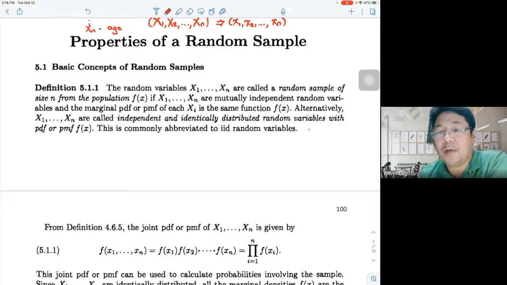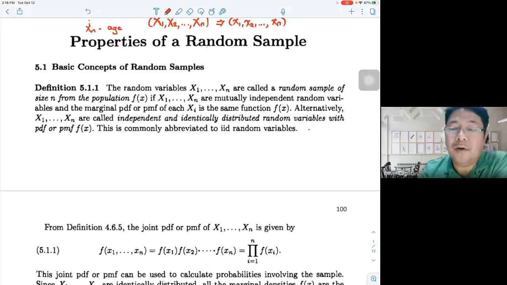So in other words, we obtain the values of our random variables X sub 1 up to X sub n in a sequential manner. For the random variable X sub 1, we have small x sub 1, that's the realized value. For the random variable X sub 2, we have small x sub 2, its corresponding realized value, and so on and so forth.